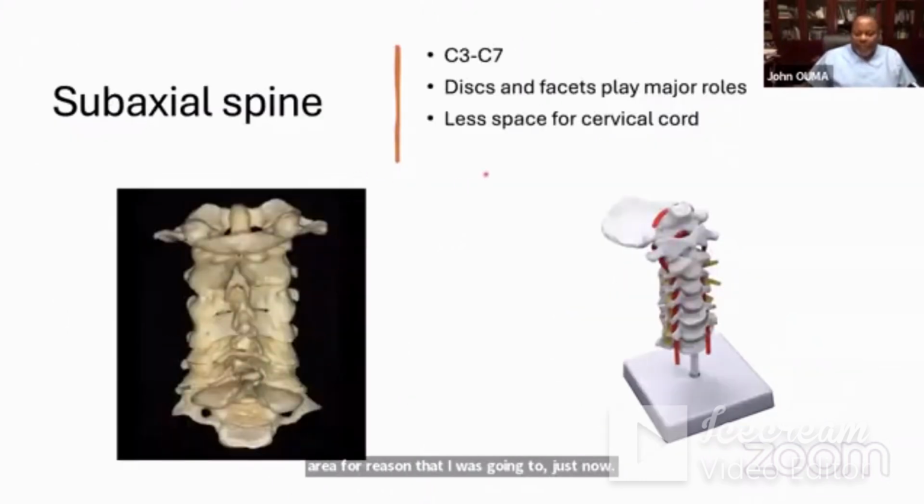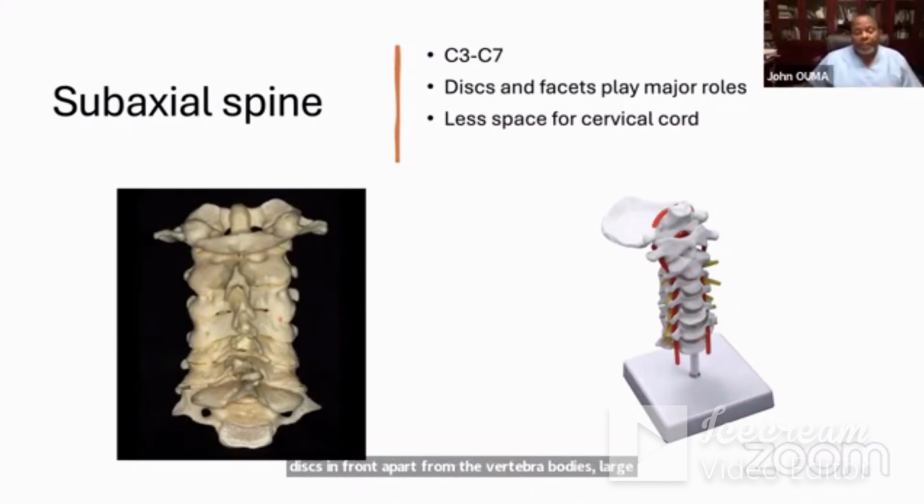The subaxial spine, however, is by far the commonest area that we're involved with when we come to traumatic compression of the spinal cord. Perhaps the reason for that is that the spinal cord has far less space available to it in the subaxial spine, as well as the fact that this part of the spine has large vertebral bodies and discs in front, all of which can compress the spinal cord in certain situations.